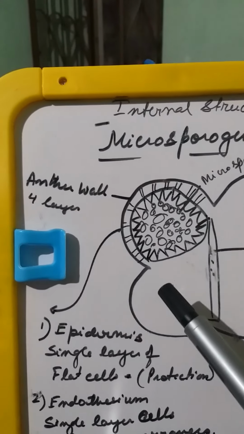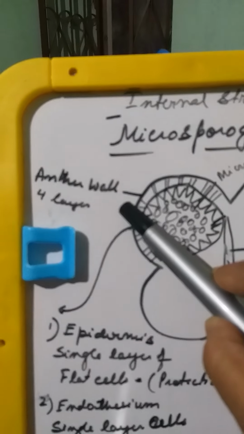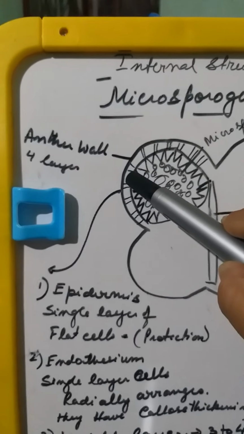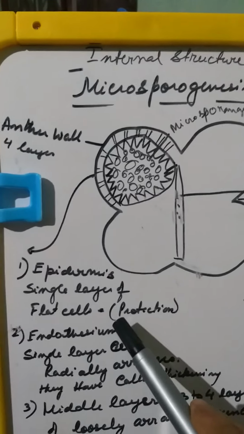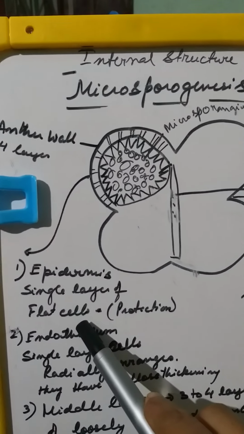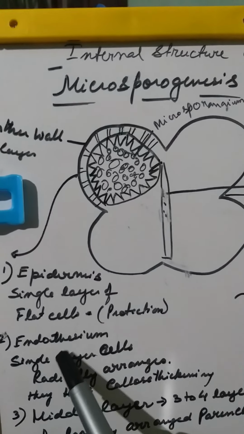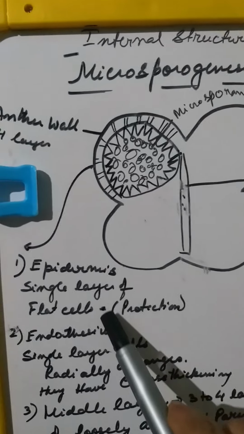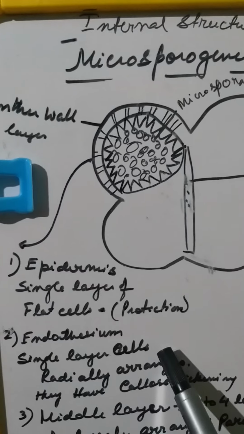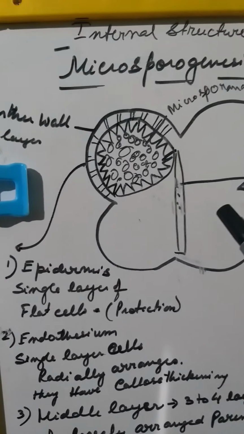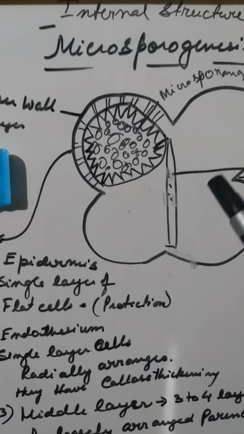Now firstly, we begin with the anther wall. If you see from here, the outer layer of the anther wall is made up of epidermis cells. These are all flat cells, a single layer of flat cells of the epidermis layer, and this gives the function of protection. What is protection? Protection to the anther lobe from desiccation. What is desiccation? Dehydration.